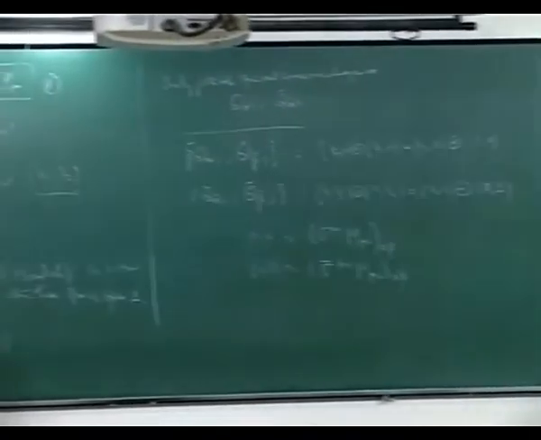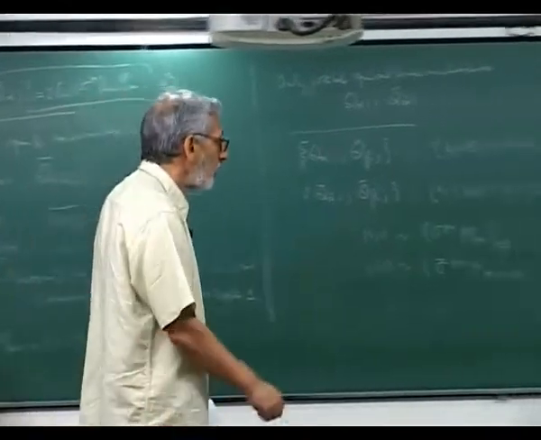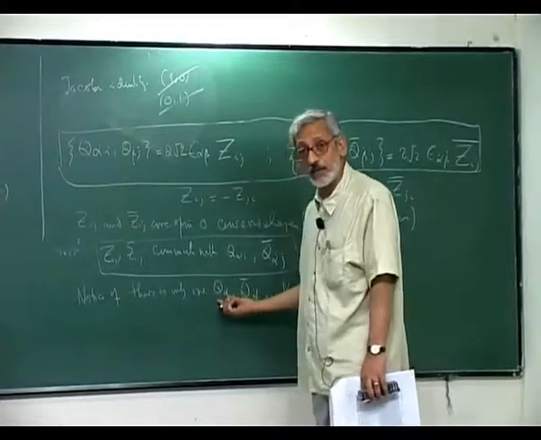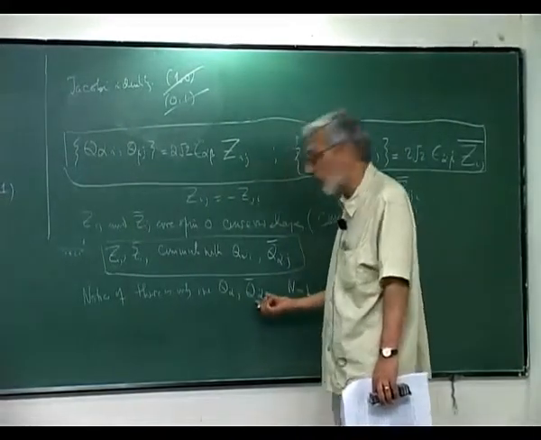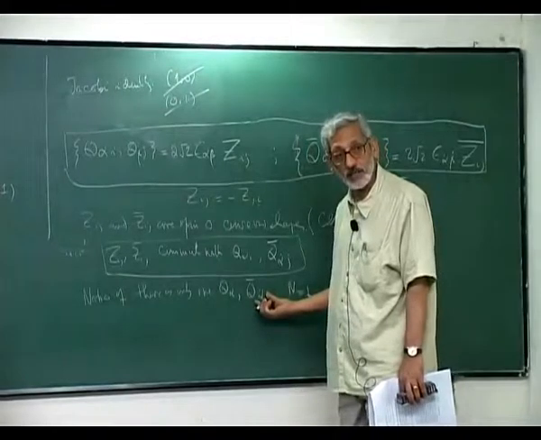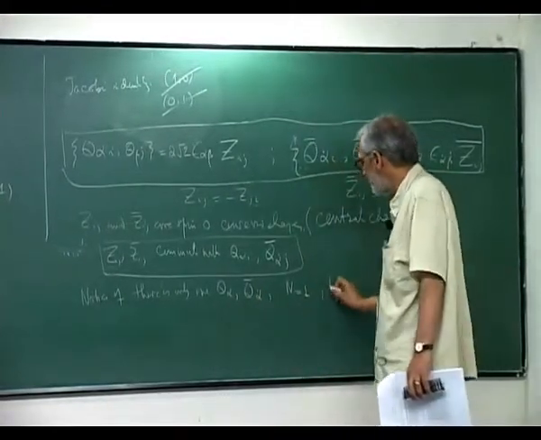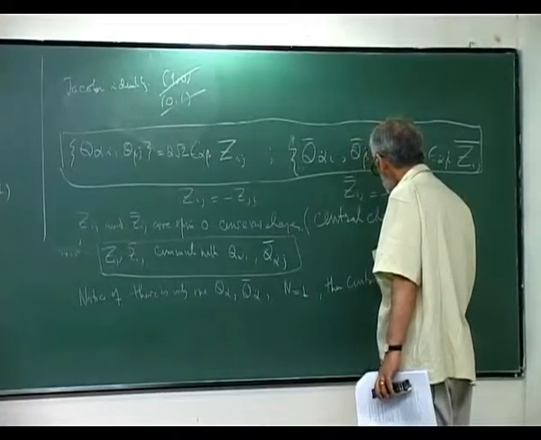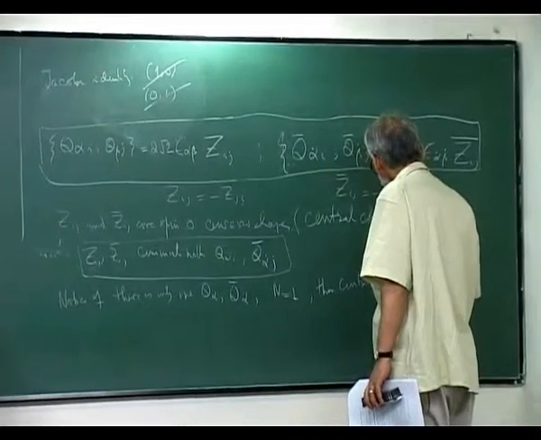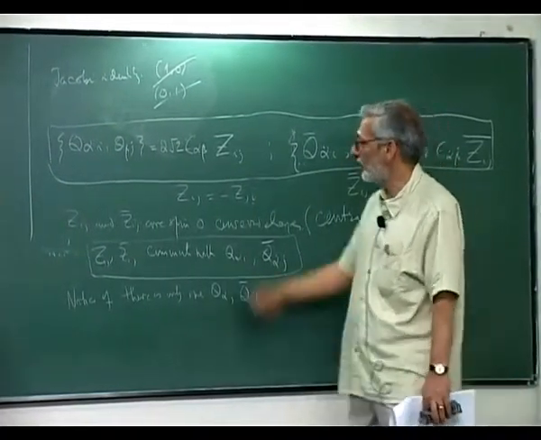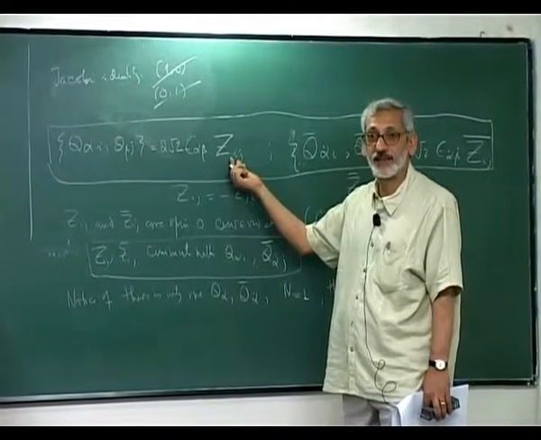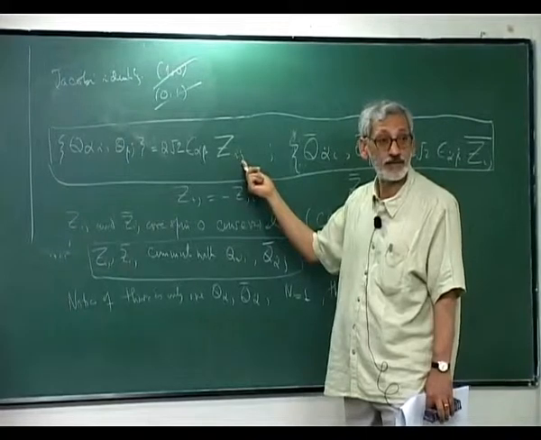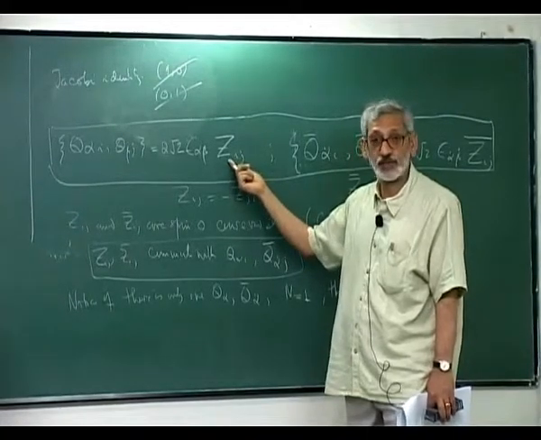If N is equal to 1, which means there is only one pair of spinorial charges, Q alpha, a left-handed charge, and one right-handed charge, then the central charge is 0, because with N equal to 1 I cannot have a central charge here, because I is equal to J, both are 1, 1, but this has to be antisymmetric.